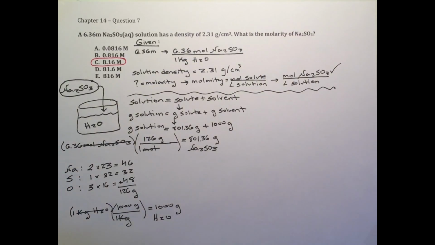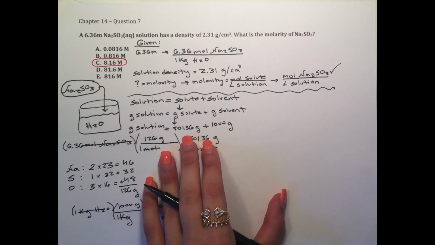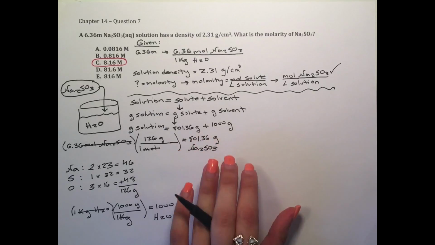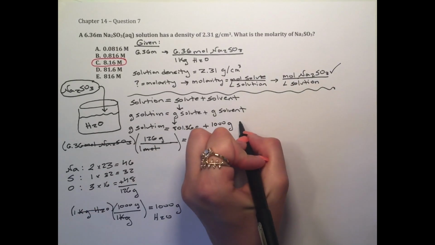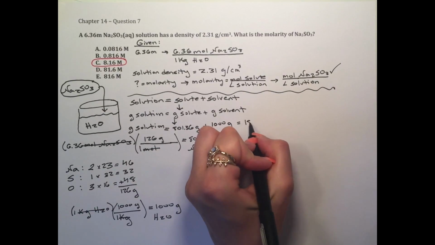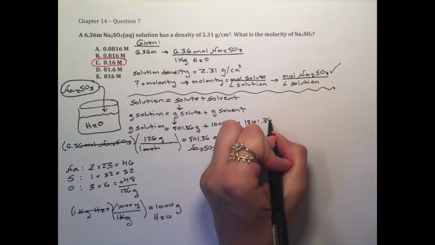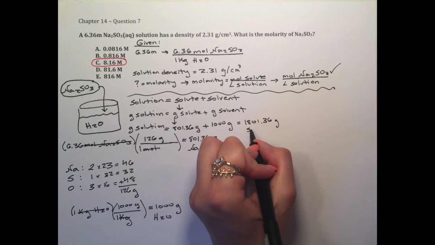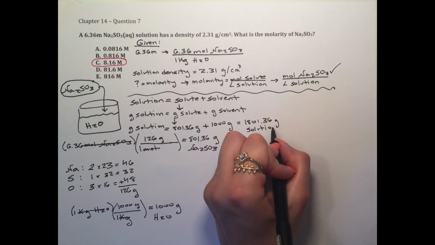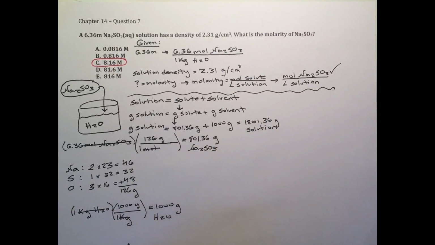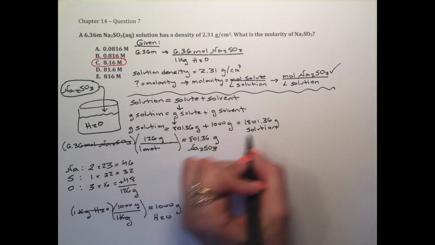Right, so we're running out of space here a little bit. But 801.36 plus 1,000 gives us 1,801.36 grams of solution.